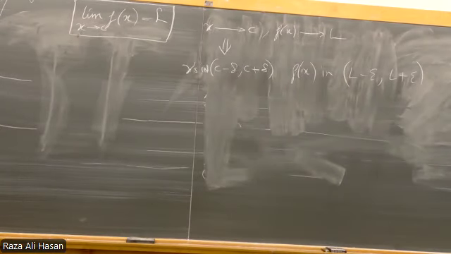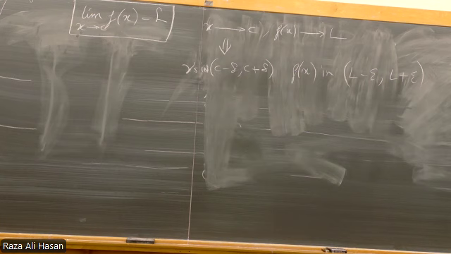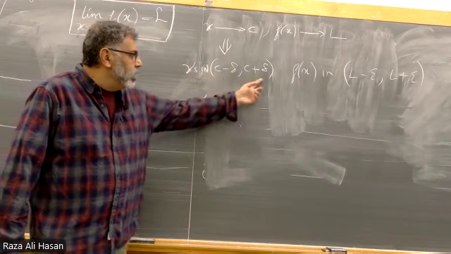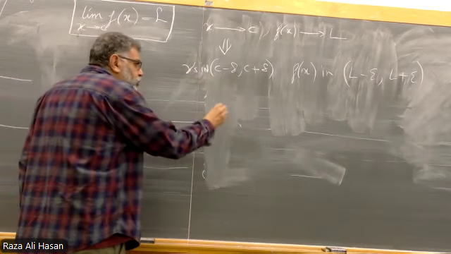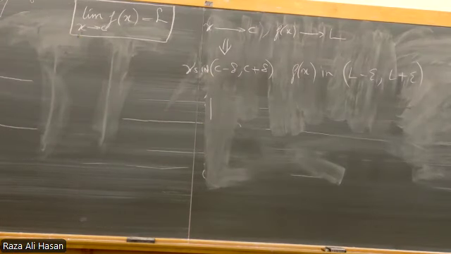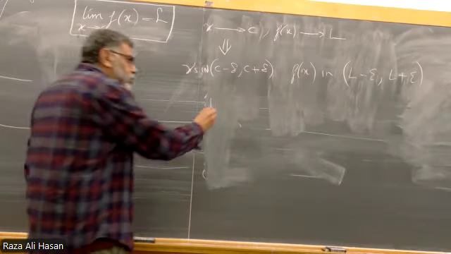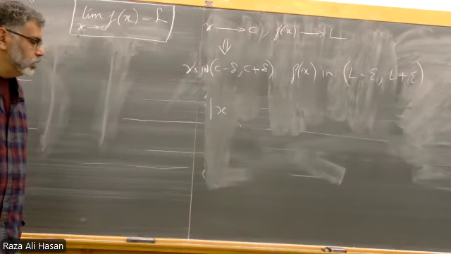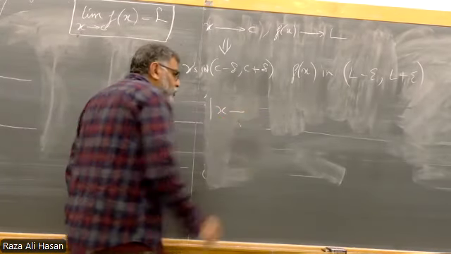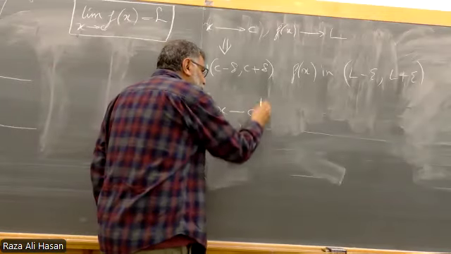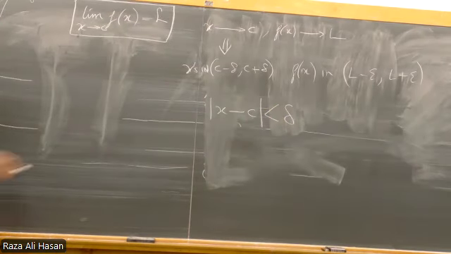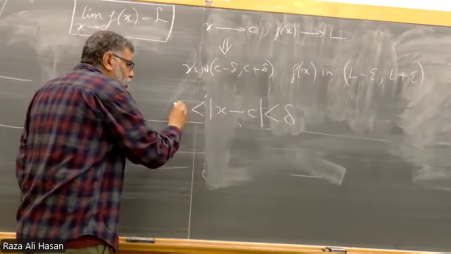Okay, what is the harder way to say that we only want to talk about x's that fall in this? So we say this function f has a limit L if all the x's that are defined within delta distance of the center point c, and not necessarily the value of c itself.